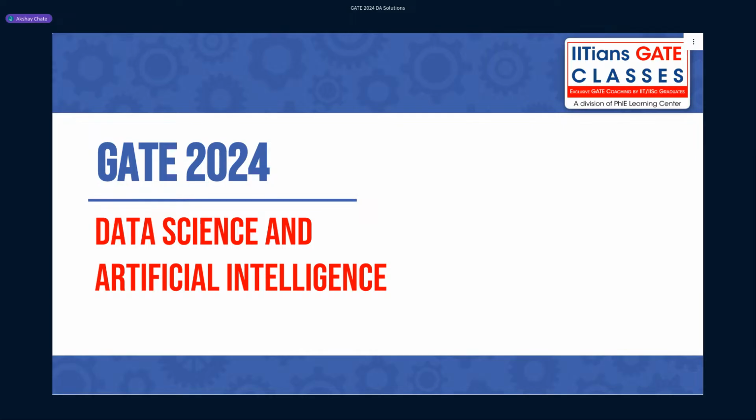So today we'll discuss the GATE paper of this year, 2024, recently conducted for the stream Data Science and Artificial Intelligence. We'll be discussing one section of the maths paper, which deals with calculus and optimization.